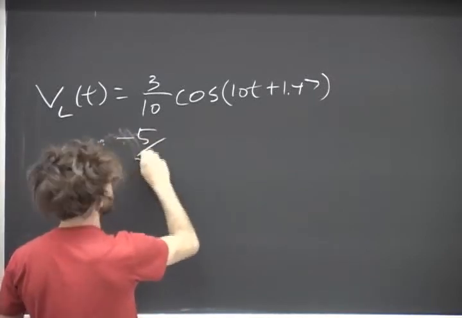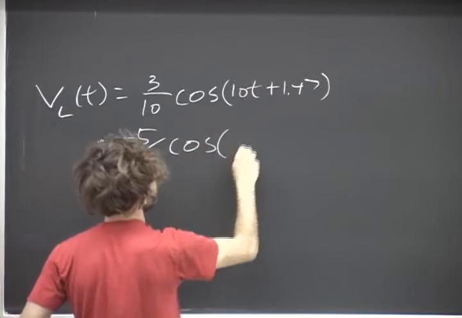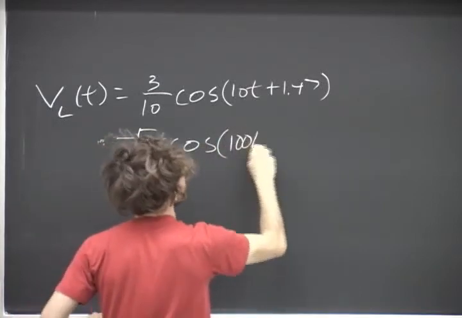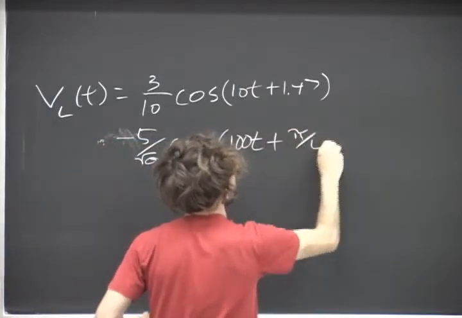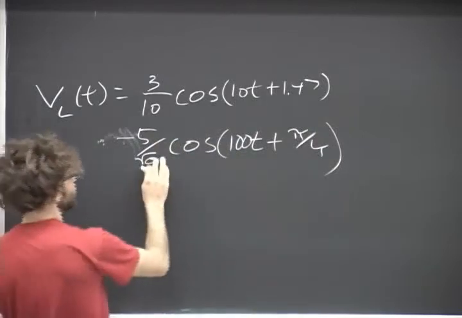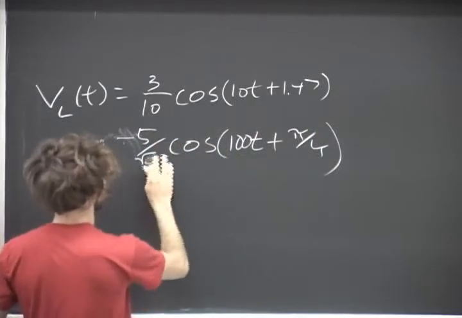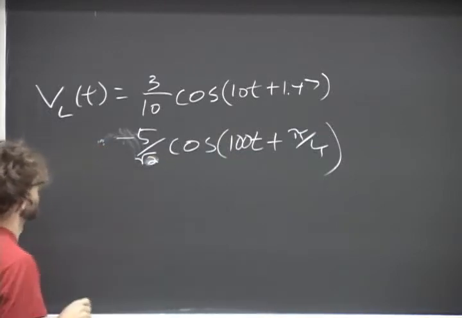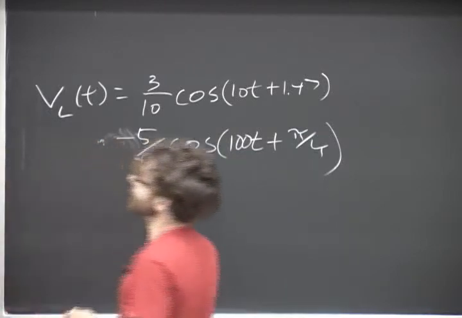If root 2 cosine, okay, so what's the omega here? All right, cool. So we've now shown that we can solve this even with these two different voltage sources. So then you know the voltage there.